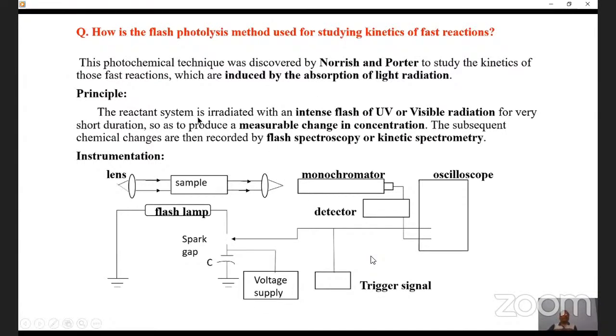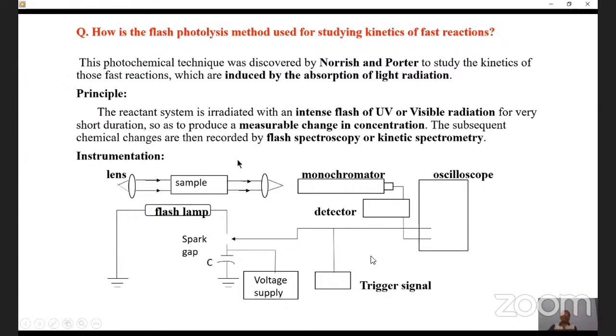The reactant system is irradiated with an intense flash of ultraviolet or visible radiation for a very short duration so as to produce a measurable change in concentration. The subsequent chemical changes are then recorded by flash spectroscopy or kinetic spectrometry.